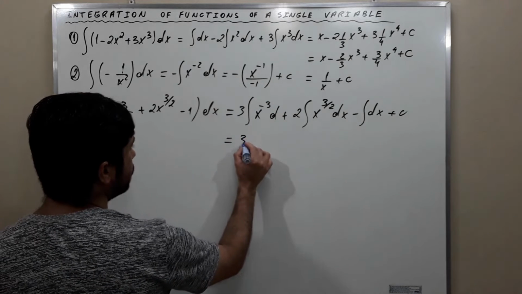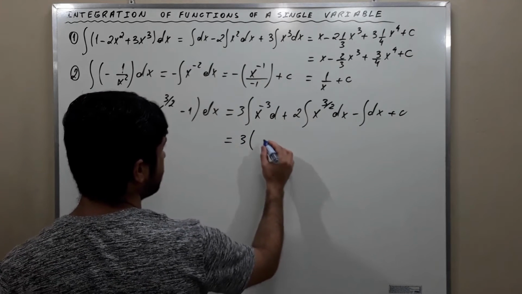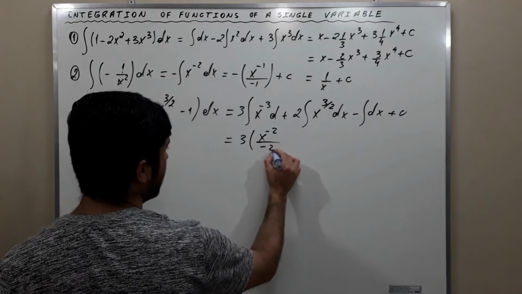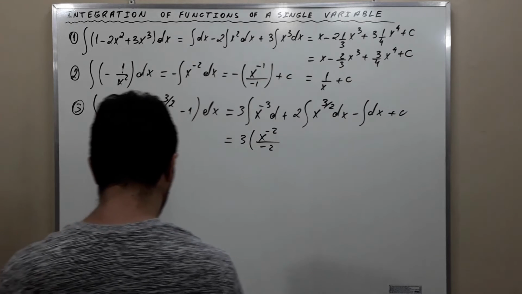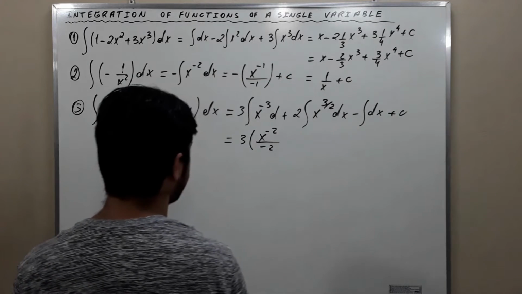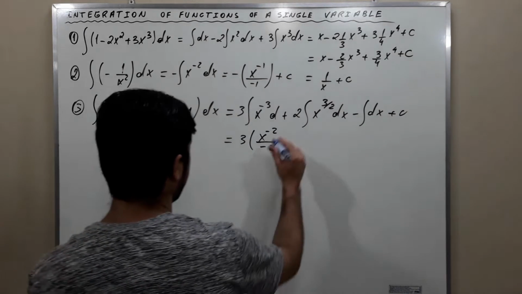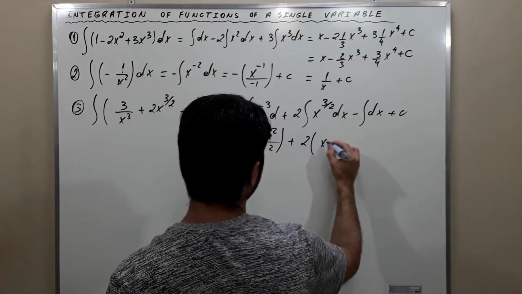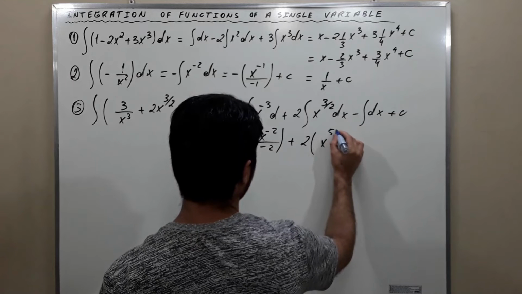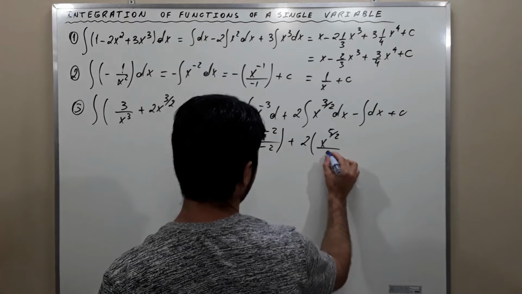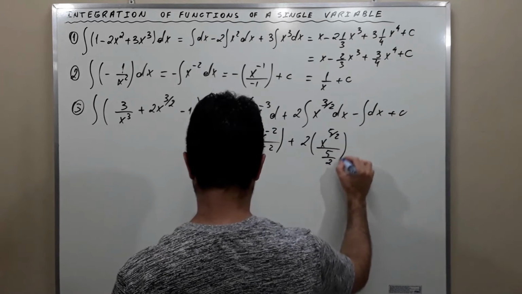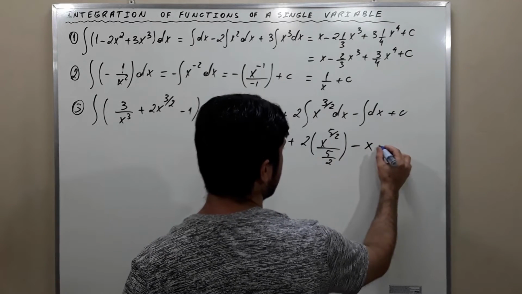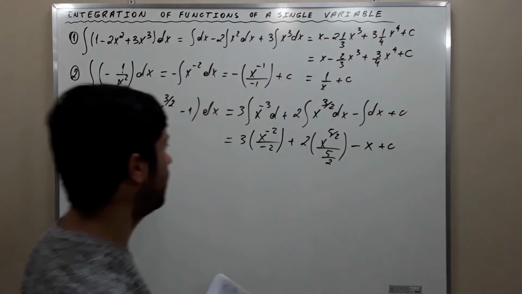And we can simply sum 1 here. It becomes 3 times x to the negative 2 divided by negative 2 plus 2 times x to 5 halves divided by 5 halves minus the integral of dx, which is x, plus c.